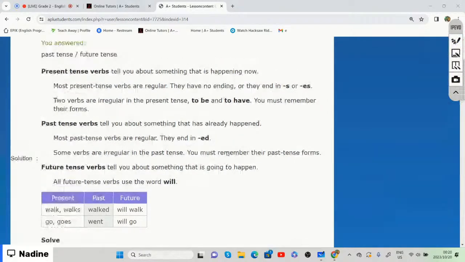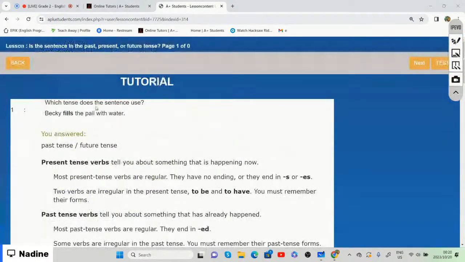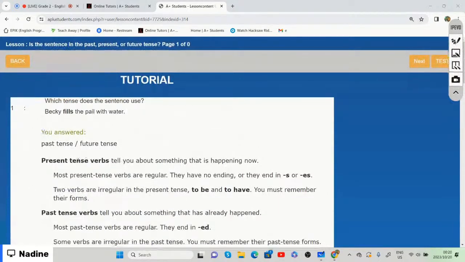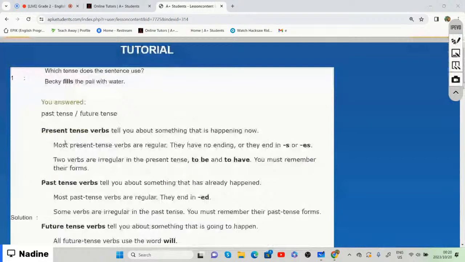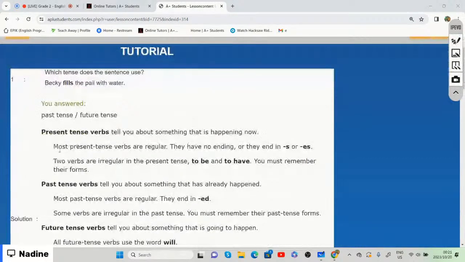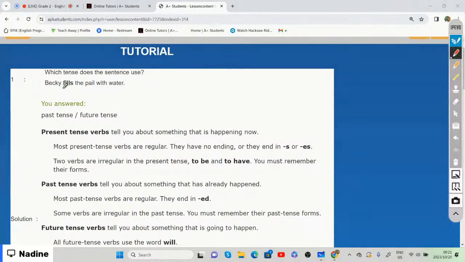All right, so now it says, which tense does the sentence use? So we're going to have to say whether it is the present tense, the past tense, or the future tense. We're going to have to say what tense the specific sentence uses. Becky fills the pail with water.